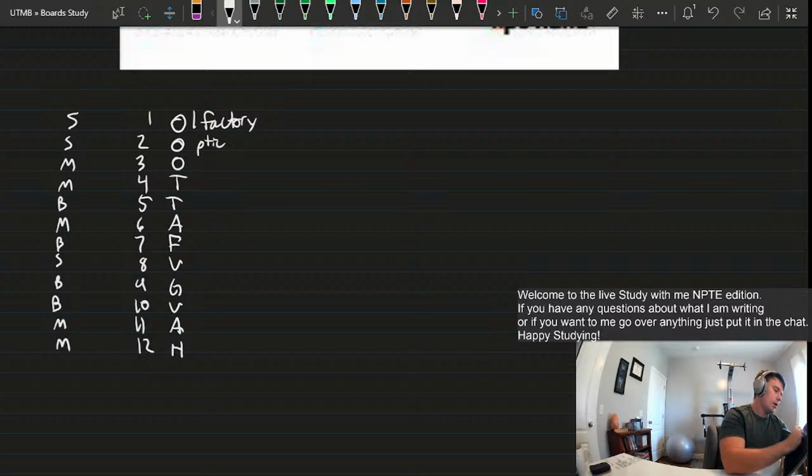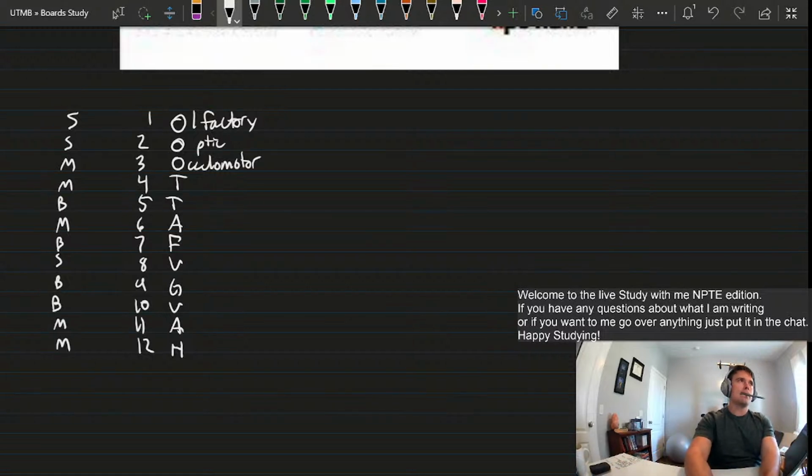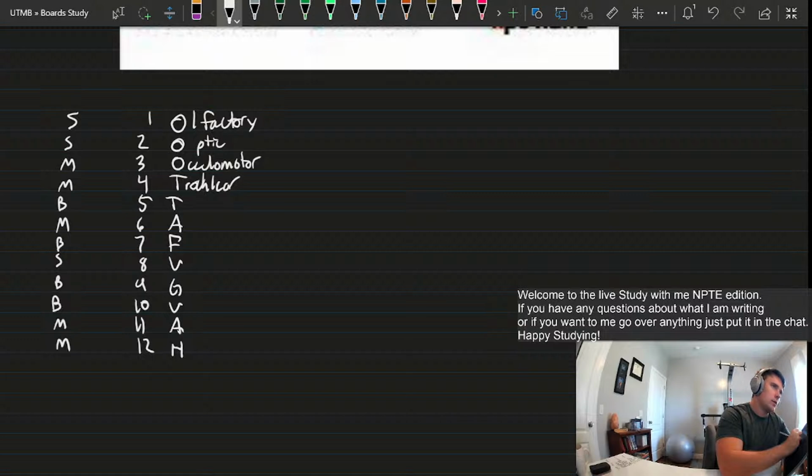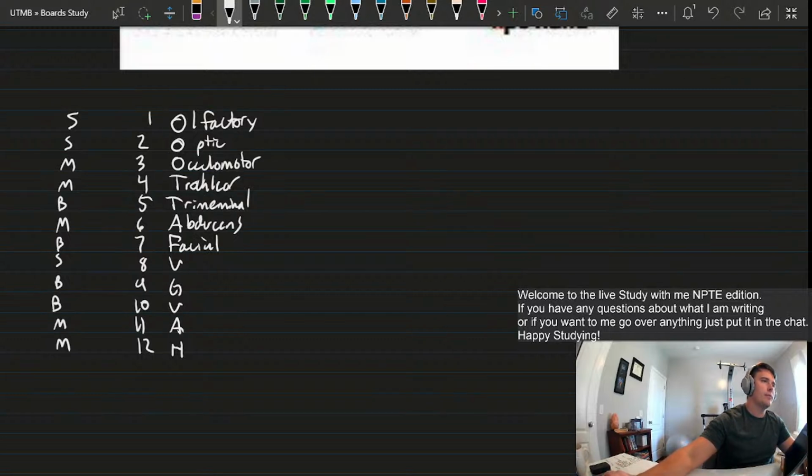Okay, so this is olfactory, optic, oculomotor, this is trochlear, this is trigeminal, abducens, facial, vestibulocochlear.